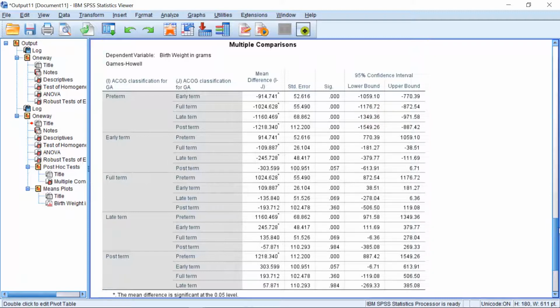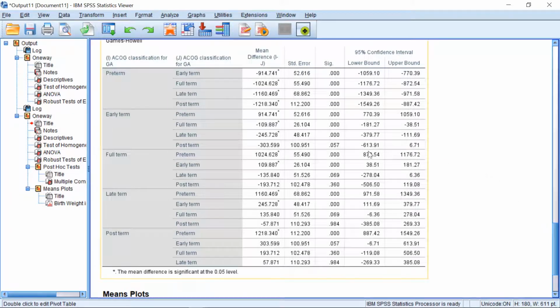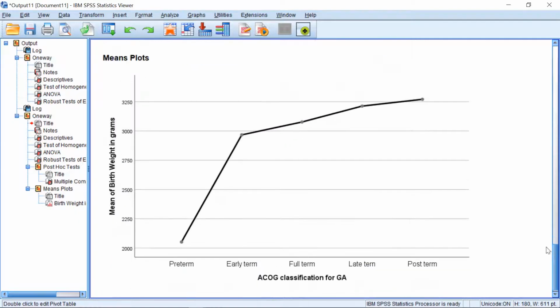But if we are assuming in our paper that the early term has more weight, we're going to use the positive one. As we can see here, we have 4 comparisons that are not significant: early and post, full and post, late and post, and full and late. Those 4 are not significant. To further visualize the data, we can see the means plot here.